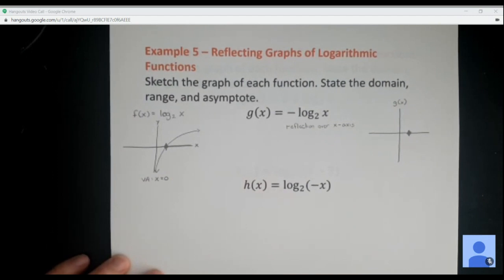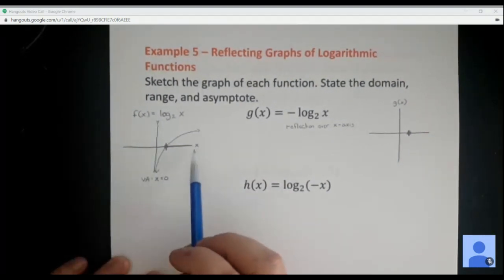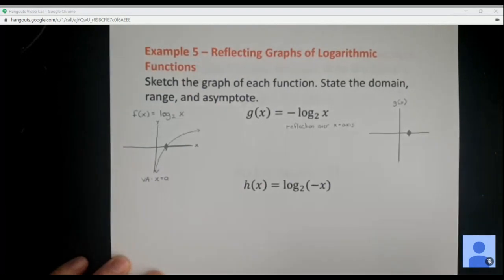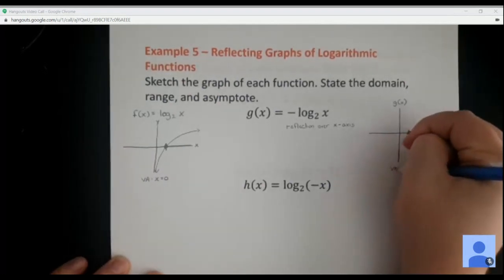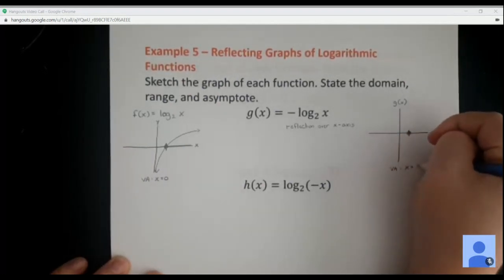Do I have any asymptotes for that graph? Okay, so y equals 0 would be a horizontal asymptote, right? That would be an asymptote along this axis. So it actually is going to be a vertical asymptote still at x equals 0.